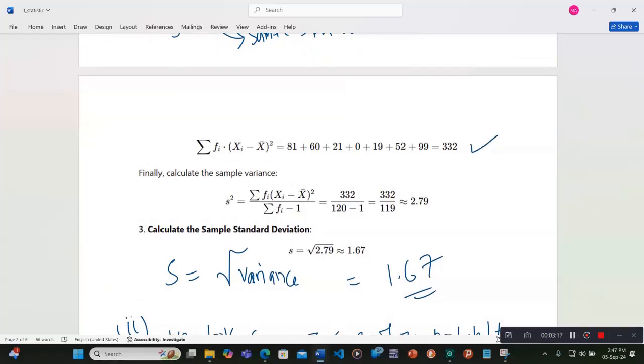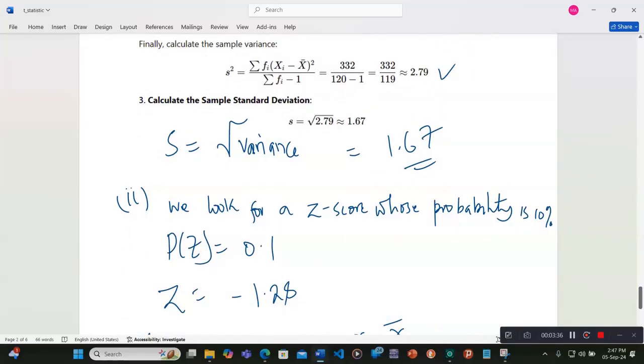Then we can calculate the sample variance, which is the sum of frequency times the squared differences, divided by the sum of frequency minus 1. This will be 332 divided by 120 minus 1, and we have that answer.